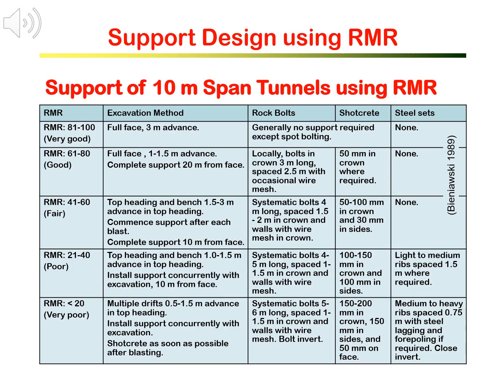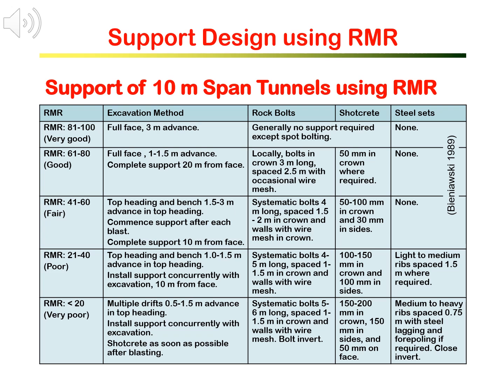Here is an example of using the RMR design guide to guide the excavation and the support of 10-meter span rock tunnels. It provides rather specific guides for rock excavation and rock support of each rock mass quality class.